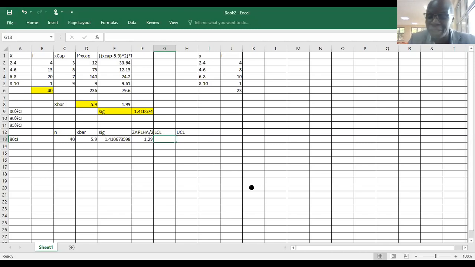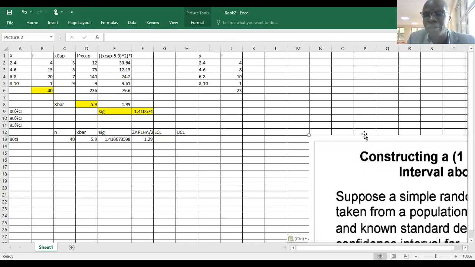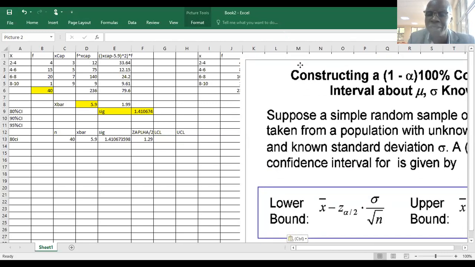So it will be X bar minus Z alpha over 2. What is Z alpha over 2 here? 1.29.